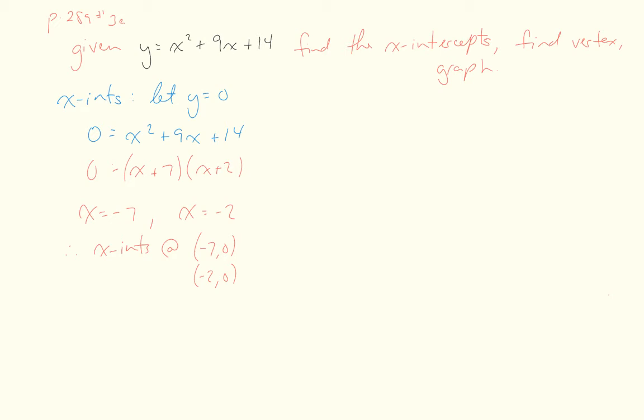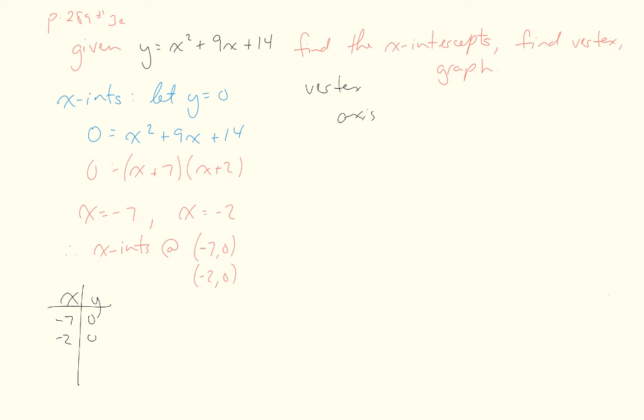Because I'm going to be graphing this, I want to keep track of all the points that I know are on this graph. So far in this little table, I'm keeping track that I know the points (-7, 0) and (-2, 0). In order to find the vertex, I want to find the axis of symmetry.